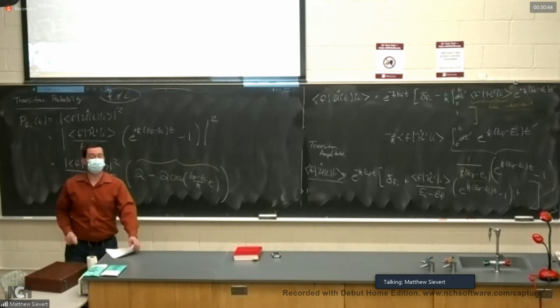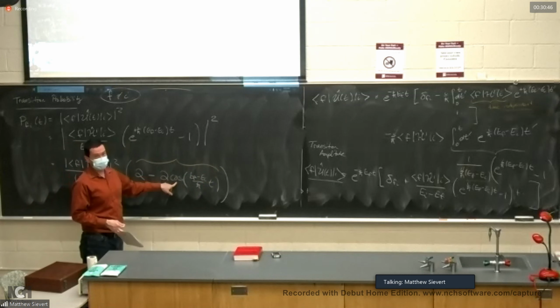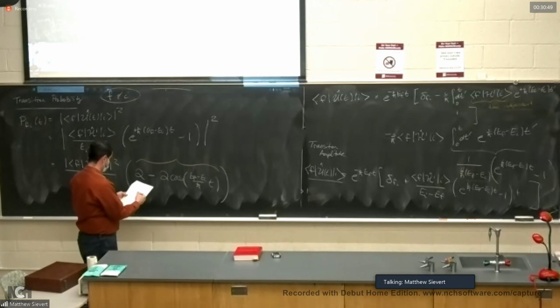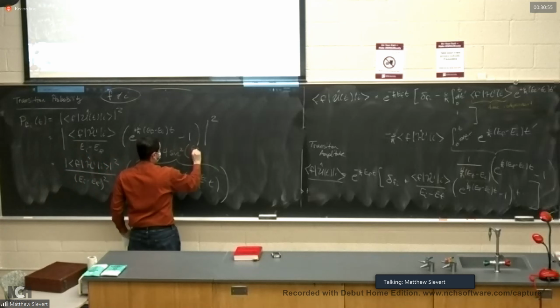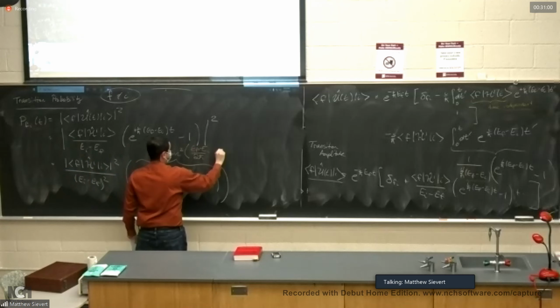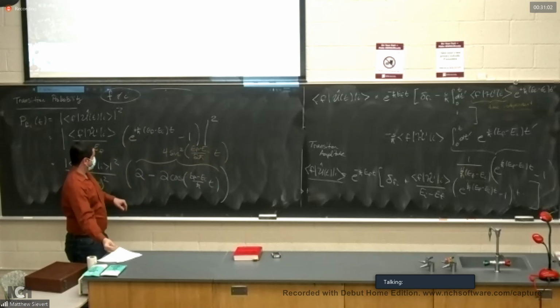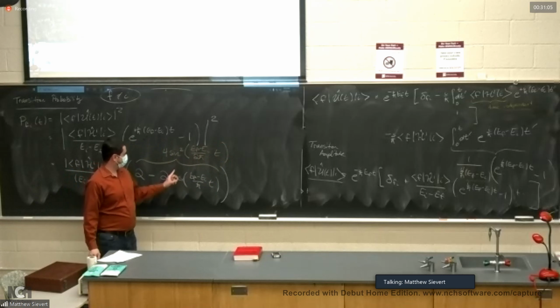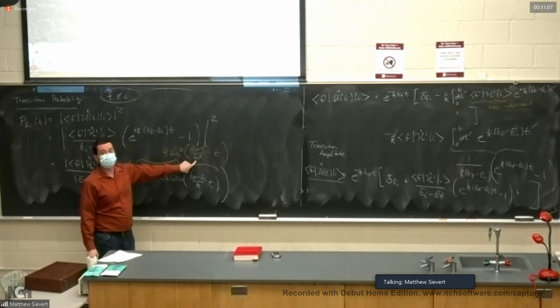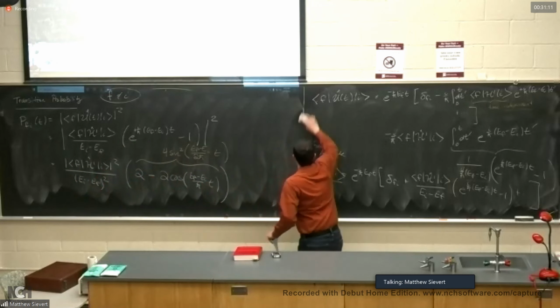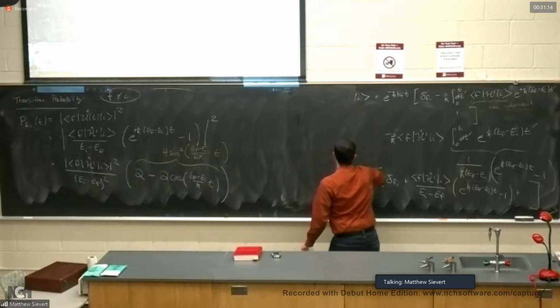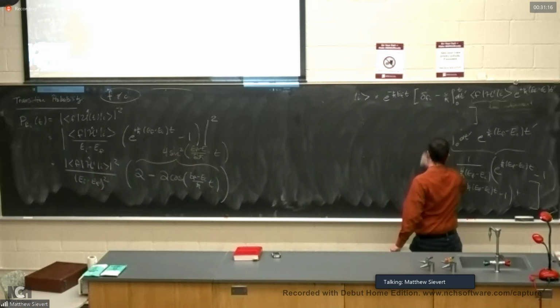I use the double angle formulas, and I can replace cosine in terms of sine squared. So this is equivalent to 4 sine squared of E final minus E initial over 2 h bar times t. So I use the double angle formula to expand cosine and convert it to sine squared of 1/2 the argument. So I think this shows the transient nature of the quantum probability flow very clearly.